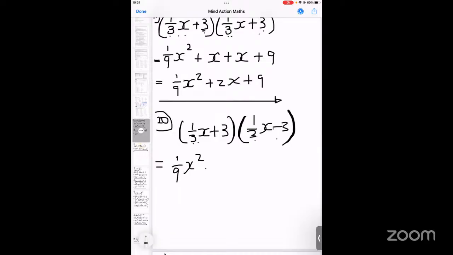That times that, it will be negative 1x. That times that, it will be positive 1x. That times that, it will be negative 9. This and that cancel, then it's minus 9, and that is the end of it. Let's see. Any questions on that one, or did it make sense?